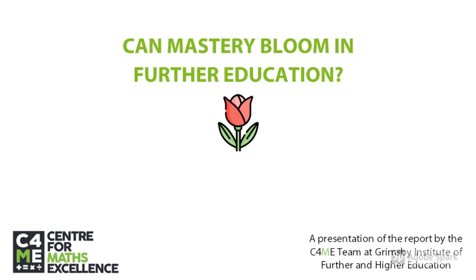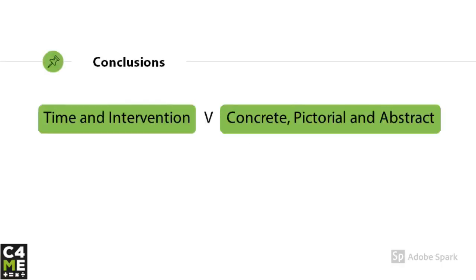Despite the research cycle being cut short, we do have some conclusions and some recommendations that we'd like to share. On looking at the literature and looking at the origins of mastery, we thought that it was the time and intervention aspects of mastery that were more important to FE than the concrete, pictorial and abstract.